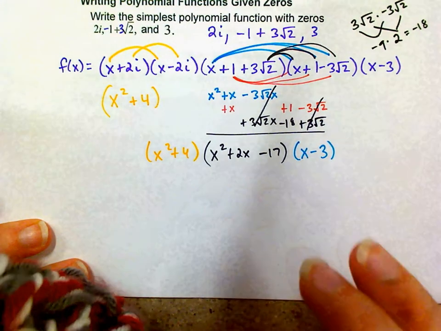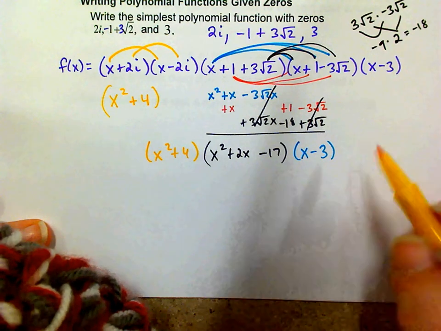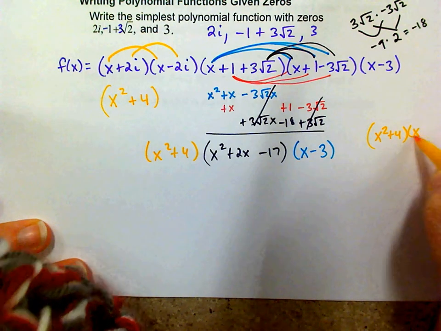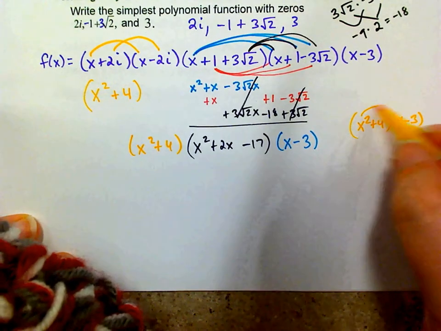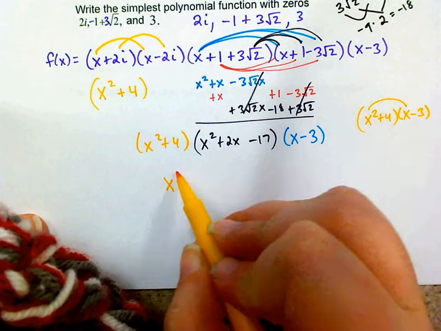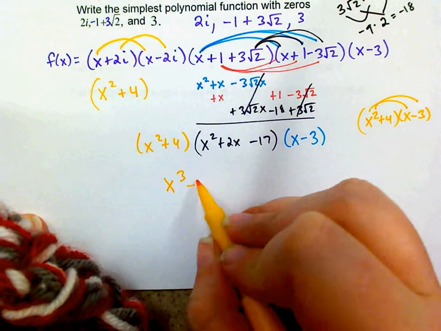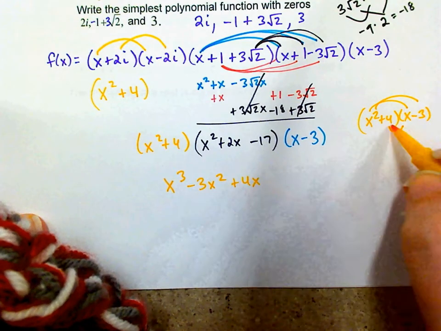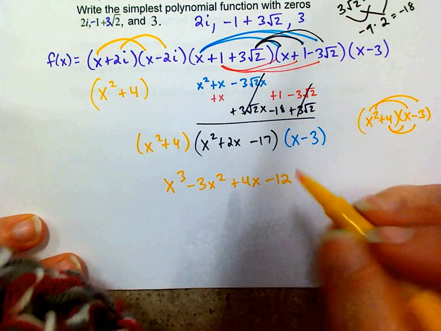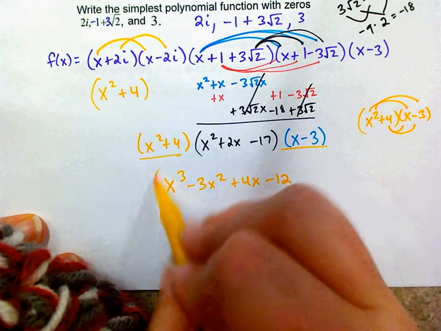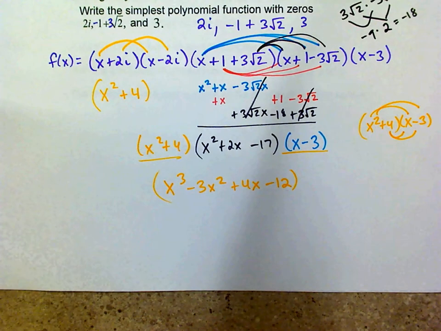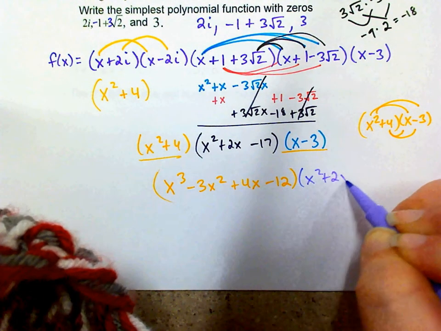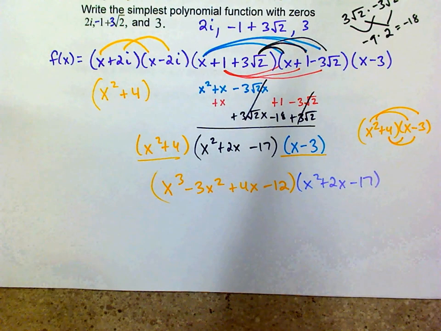So, if I were to think of it as x squared plus 4 times x minus 3, then that would be x cubed minus 3x squared plus 4x and minus 12. And that would be that times that. So I'm still left with my x squared plus 2x minus 17. Okay, so now we start multiplying those.